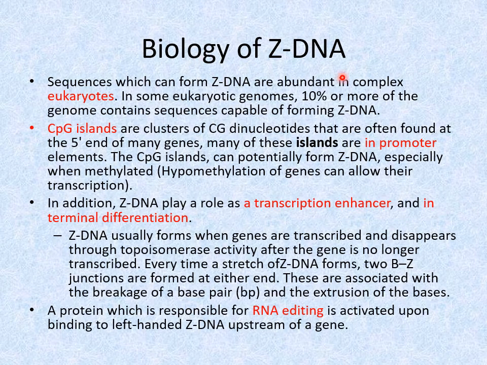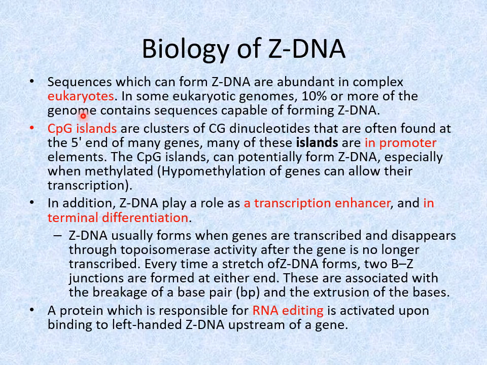Now, initially it was considered that this Z-DNA is not present in the cells. It is basically observed only under high salt conditions, under lab conditions, that is in vitro. But in vivo, they have been observed and they have got their own biological significance.